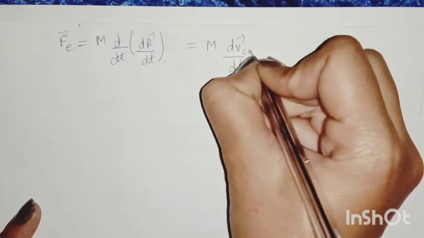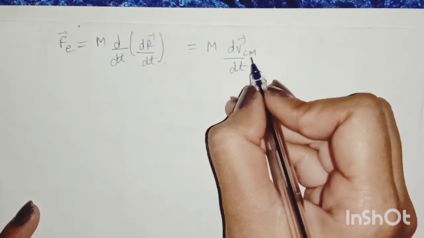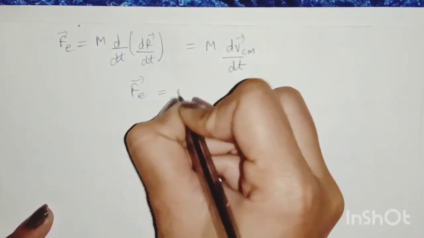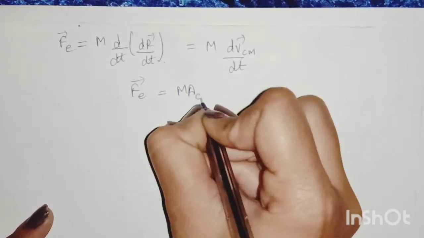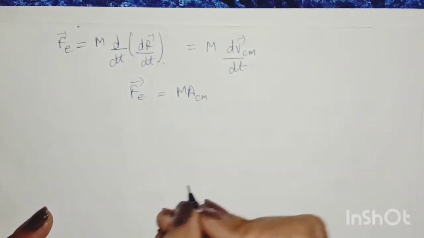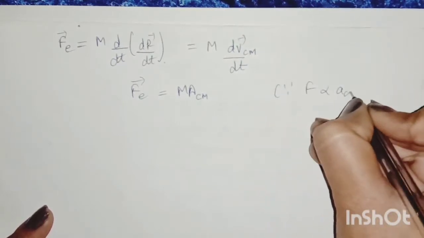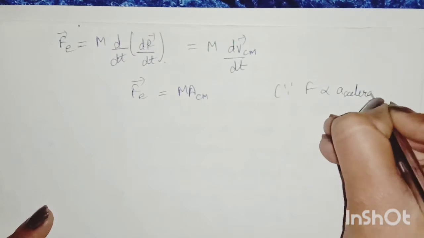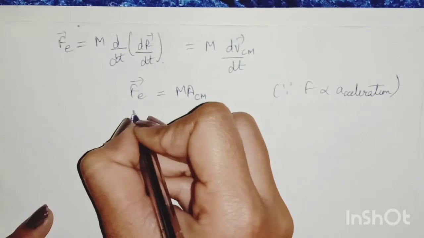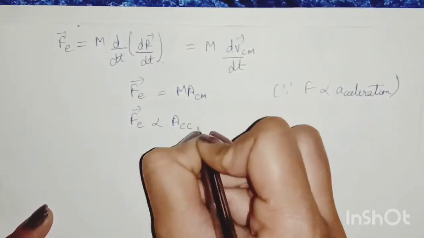Here v is our velocity of the center of mass. So similarly we can write Fe vector is equal to m into acceleration of the center of mass, because F is directly proportional to acceleration. So here F vector is proportional to acceleration.